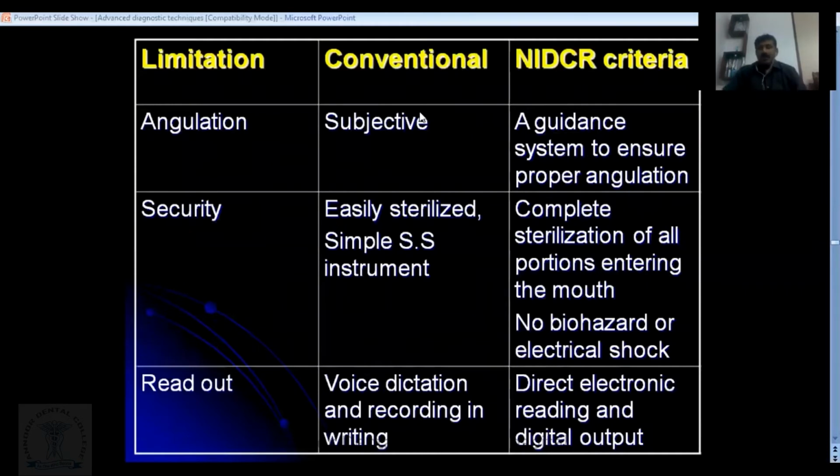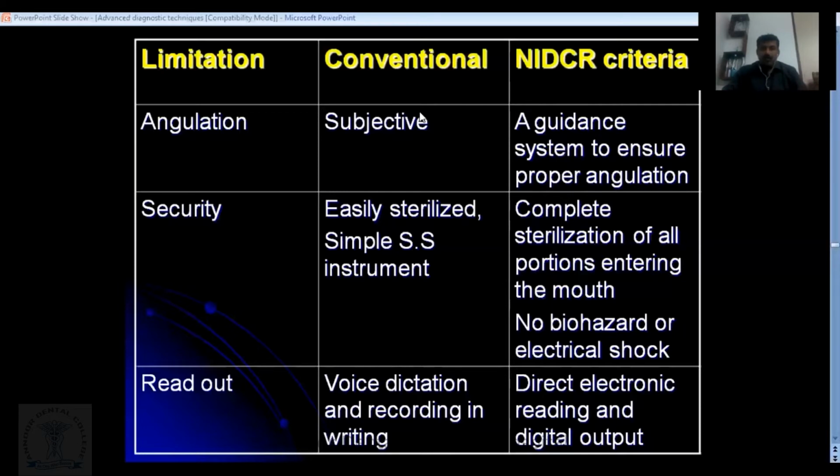One is angulation. You are supposed to probe in such a way that the probe goes along the long axis of the tooth, parallel to the long axis. So this is basically subjective. It depends upon the examiner who is probing. But according to the ideal periodontal probe put forward by NIDCR, the probe system should have a guidance to ensure proper probe angulation.